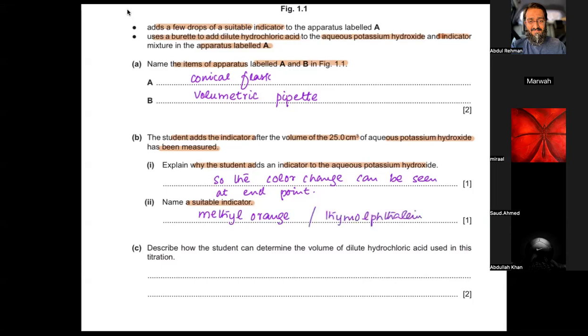Now, describe how the student can determine the volume of dilute hydrochloric acid used in this titration. Sure, we can check the initial reading and the final reading on the burette and then subtract the initial reading from the final reading.